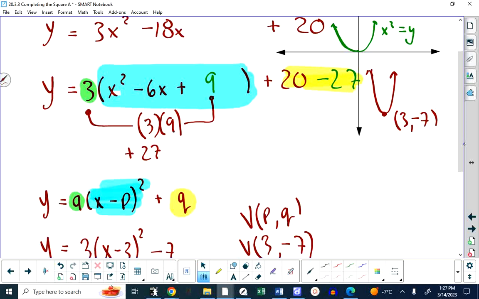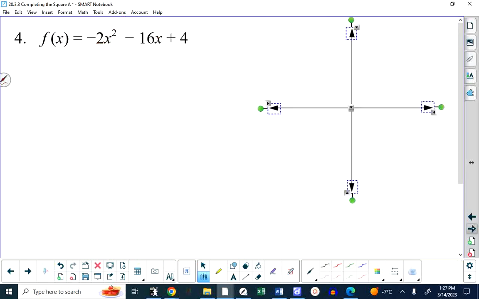I think we have one more. All right, same thing as before. You can only worry about adding that mystery number if you have 1x squared plus bx. You cannot add that number until you have 1 in front of the x squared. Because again, that perfect square trinomial has to be x minus a number squared.